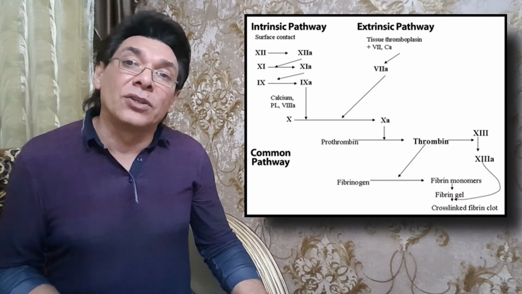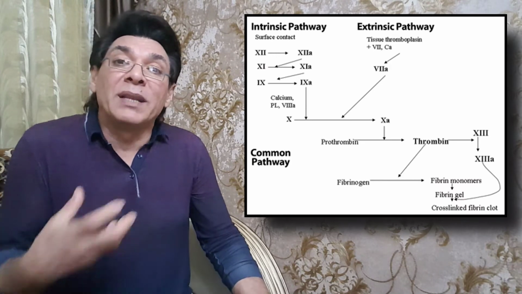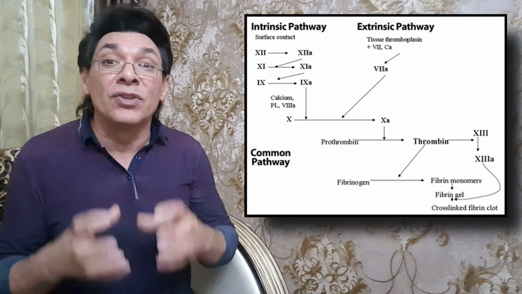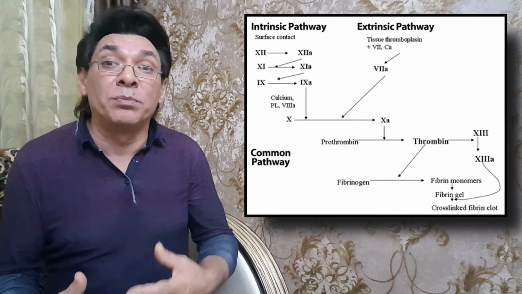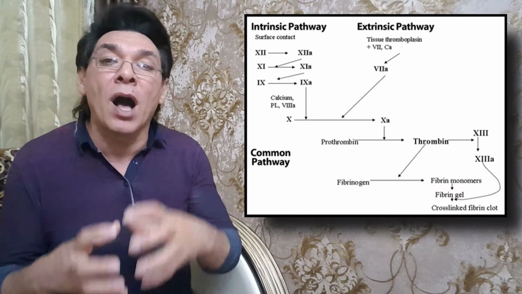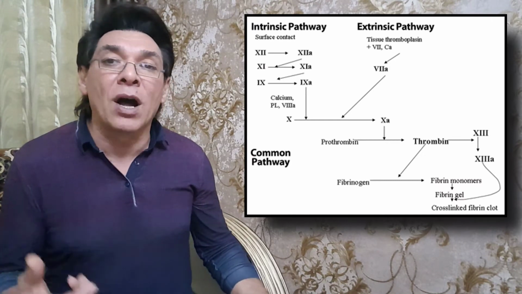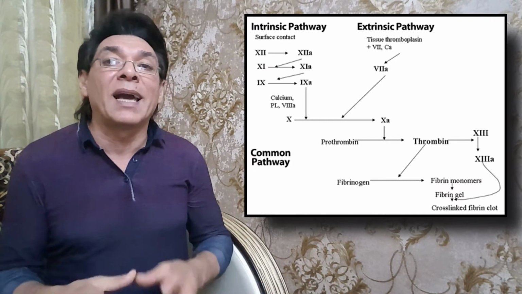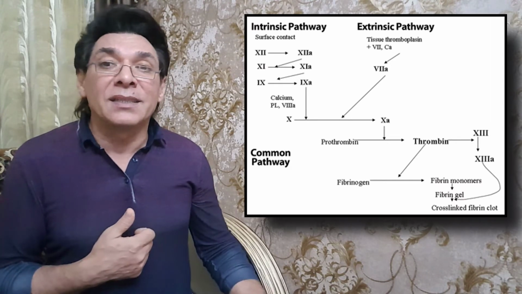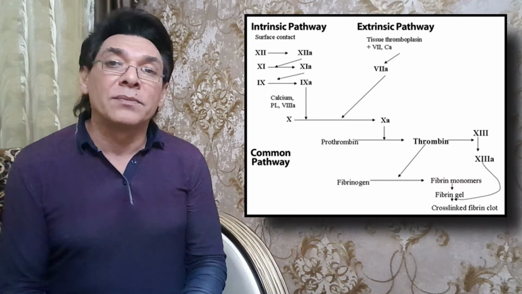Finally, factor 8, antihemophilic factor A, from the platelets and endothelial cells combines with factor 9, antihemophilic factor B or plasma thromboplastin component, to form an enzyme complex that activates factor 10, Stuart-Prower factor or thrombokinase, leading to the common pathway. The events in the intrinsic pathway are completed in a few minutes.